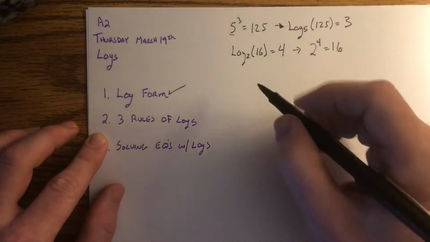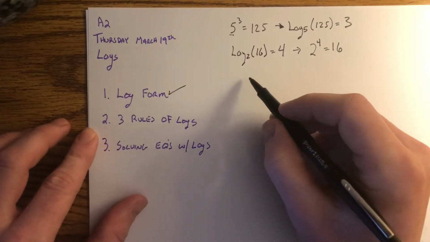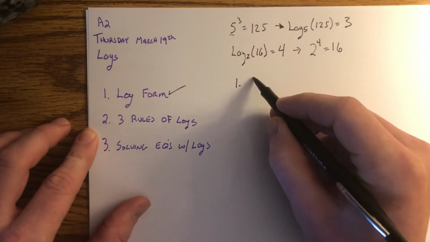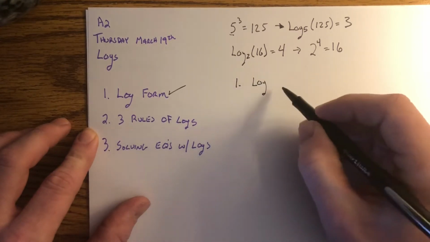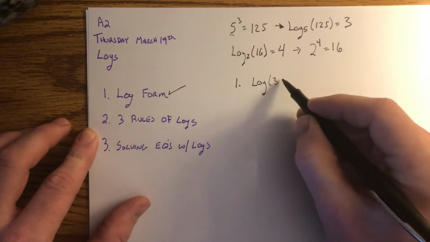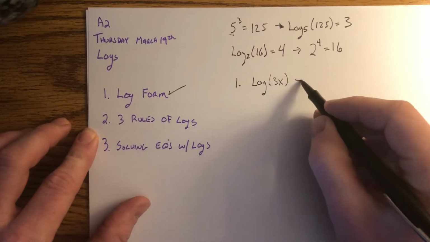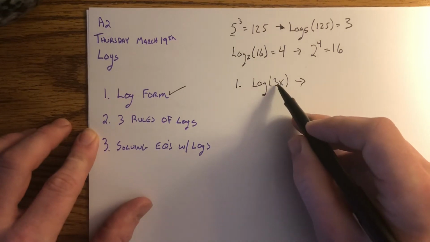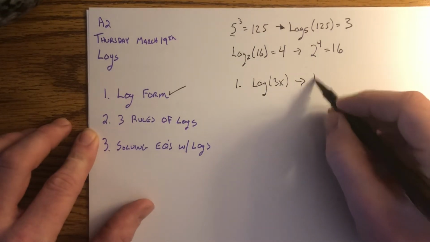2, 3 rules of logs. So the first rule of logs, if you have something like log of 3x, so this is one log. If you wanted to break it up into 2 logs, remember multiplication with 1 log is actually addition with 2 logs.